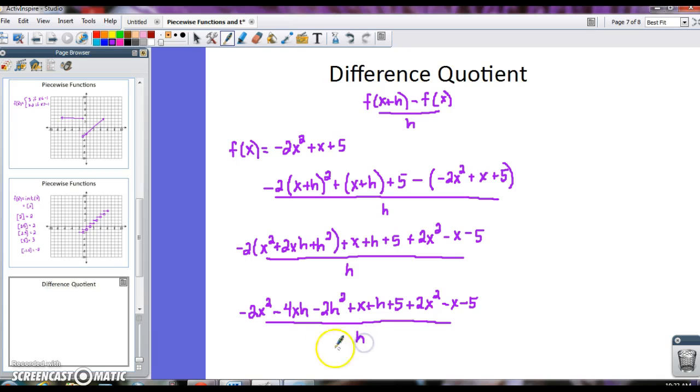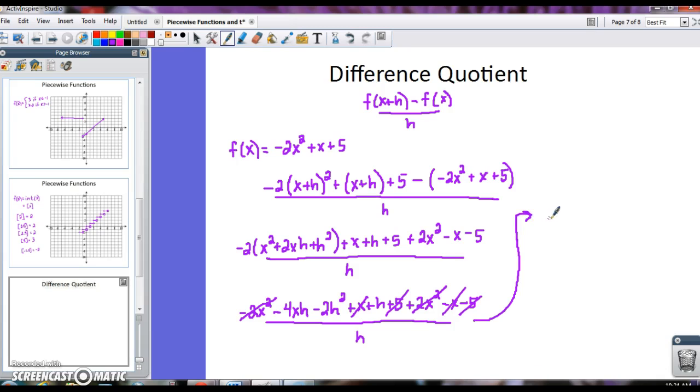And so now what I'm going to do is I'm going to combine my like terms. So I have negative 2x squared and positive 2x squared. Those are going to cancel. I have positive x and negative x. Those will cancel. I have positive 5 and negative 5, and those will cancel. So I'm going to finish my problem up here.